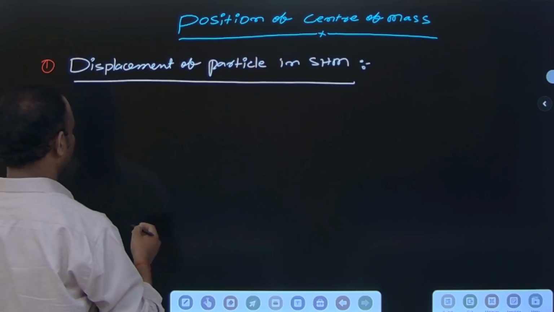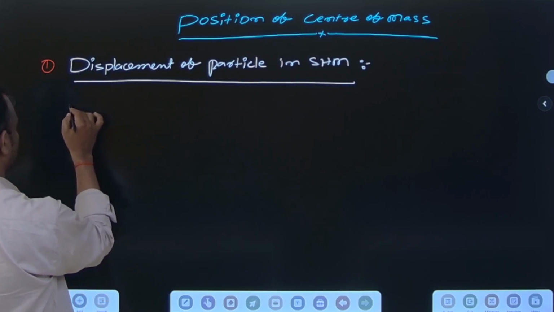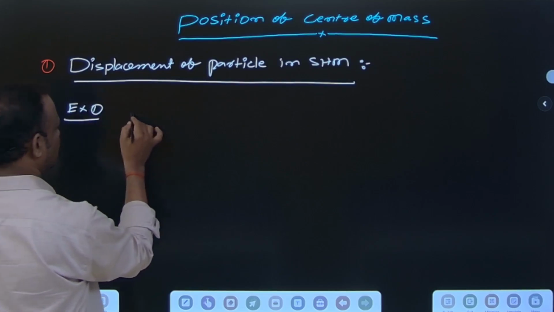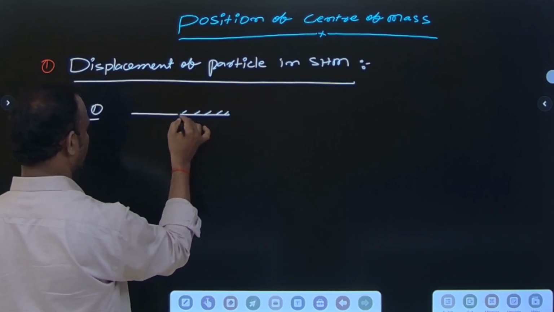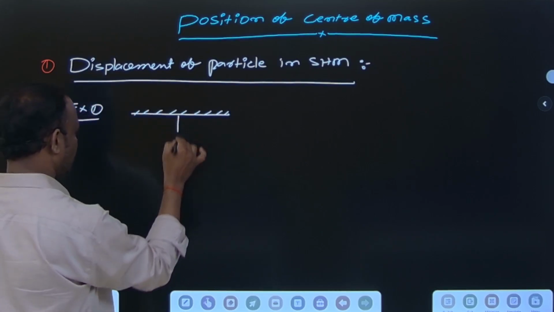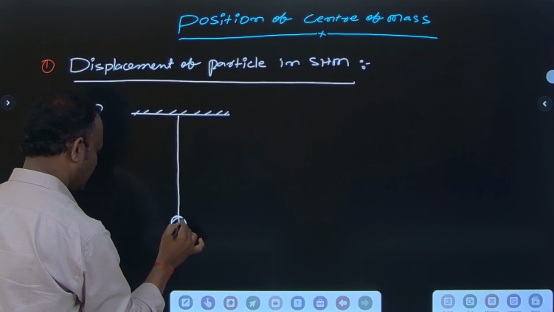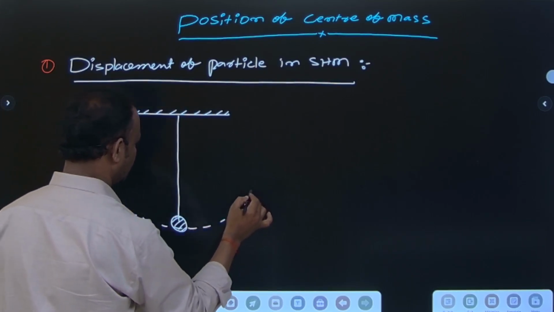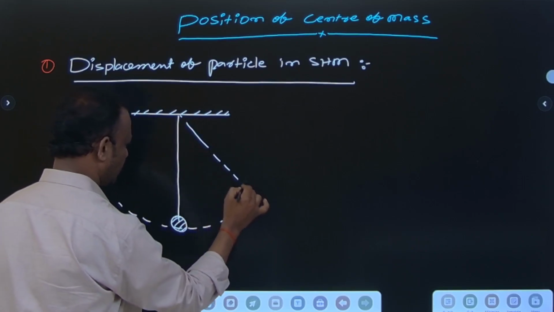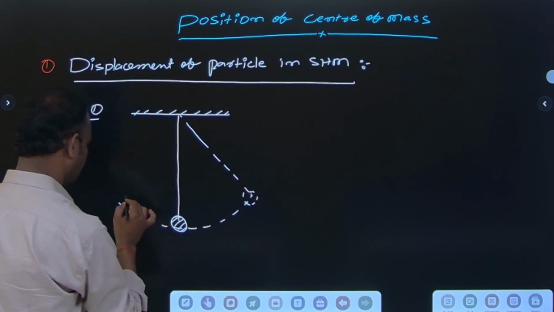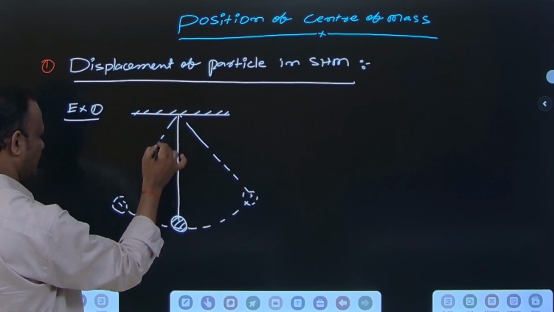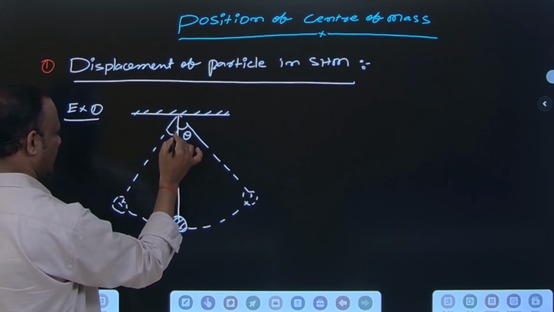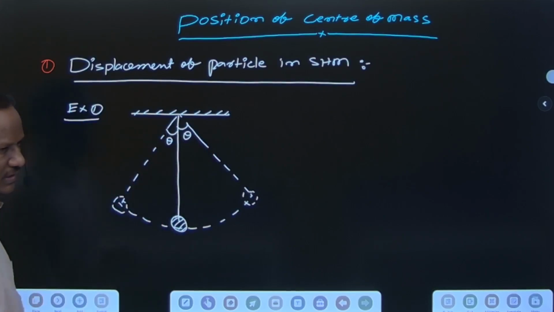For the first example, I am taking the simple pendulum, the best example for simple harmonic motion. It makes oscillations towards and backwards. It makes an angle theta on either side from the vertical.